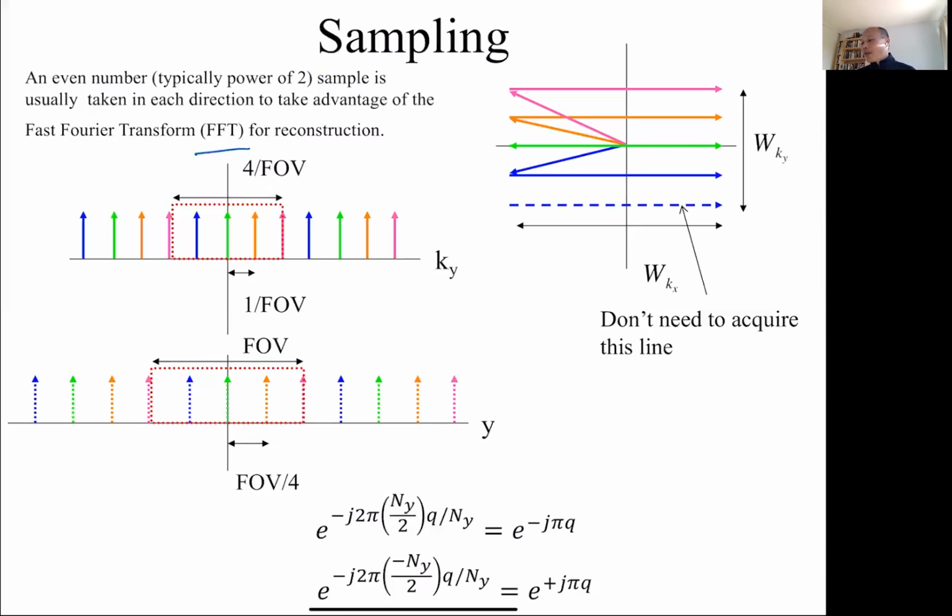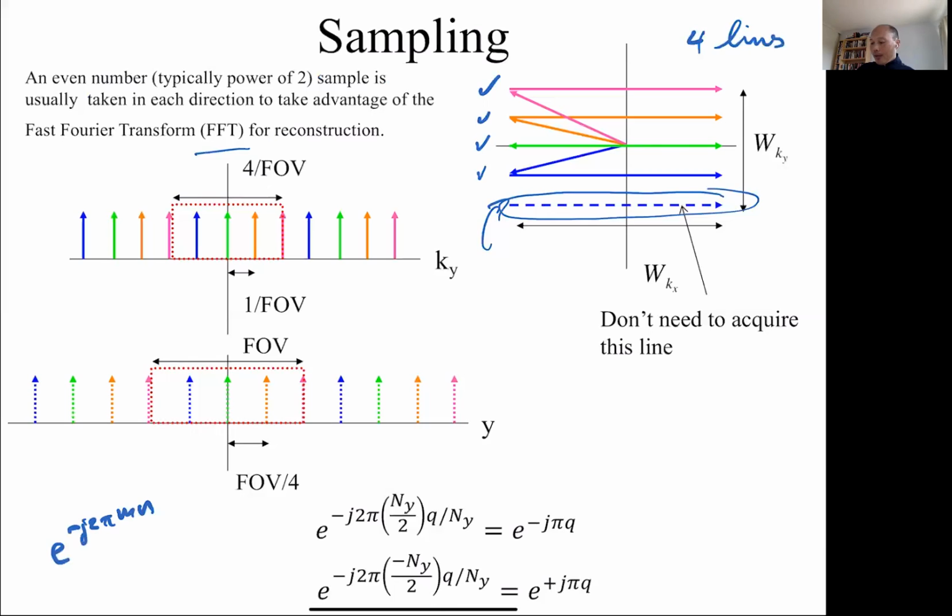But one consequence of that is, for example, here we want to do 4 lines in k-space, right? And the argument is we only need to acquire these 4 lines in k-space, and we don't need to acquire this line. You might think, well, aren't I missing some information by not acquiring this line? And it turns out you're not, because remember in our discrete time, we have e to the minus j 2 pi mn over n. So we simply replace this by n over 2.